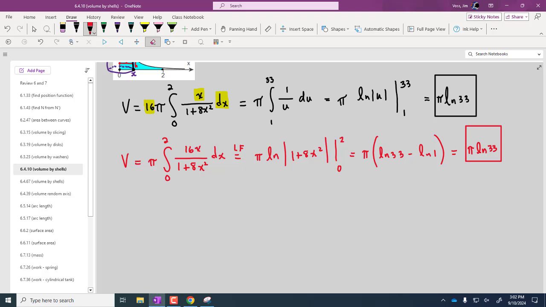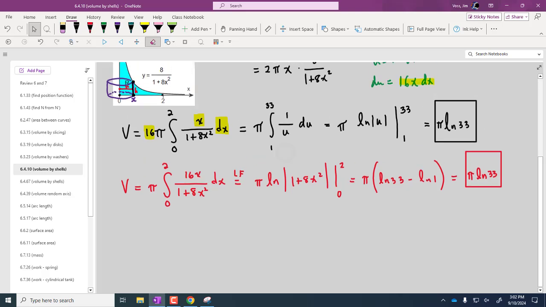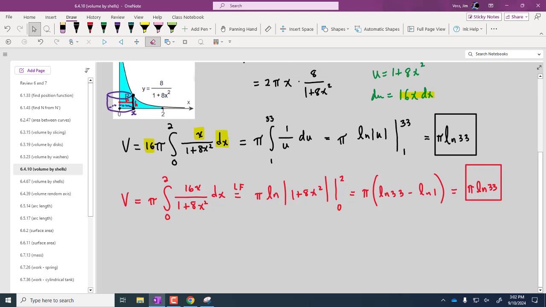Back to that yellow step. Did the 16 get canceled out because of that 16 value? So the 16 got canceled out because 16 times x times dx is right here. So the du is replacing all of that. The du is 16x dx, so all of that got replaced with the du.